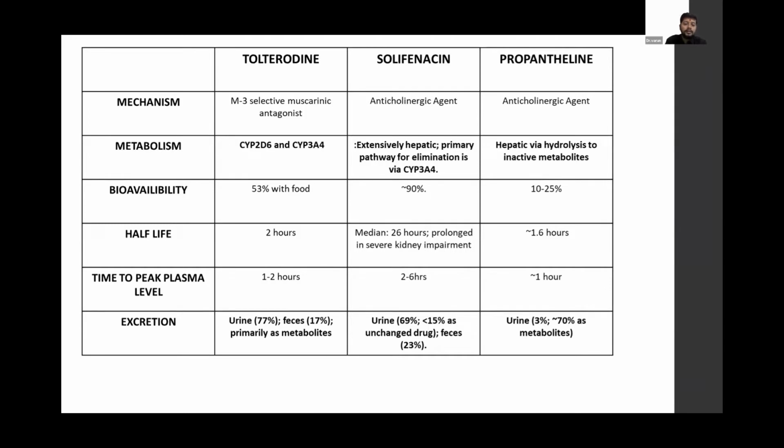Bioavailability is 53%, 90%, and 10 to 25%, and it is excreted via urine or feces for tolterodine and solifenacin, and propantheline is mainly excreted only in the urine.